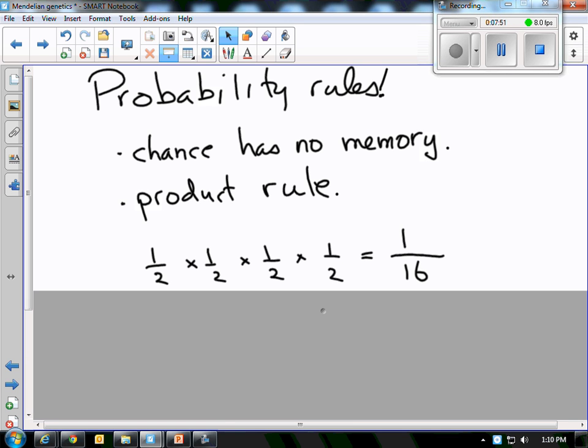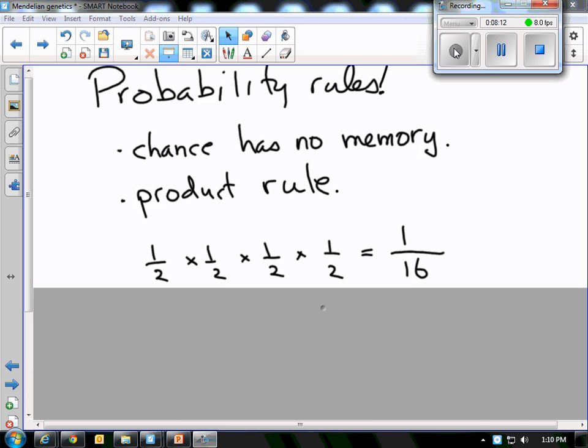Or, since fractions might not be your strong point, you might say instead 0.5 times 0.5 times 0.5 times 0.5, or 0.0625 is the probability, fairly low probability of having 4 boys.